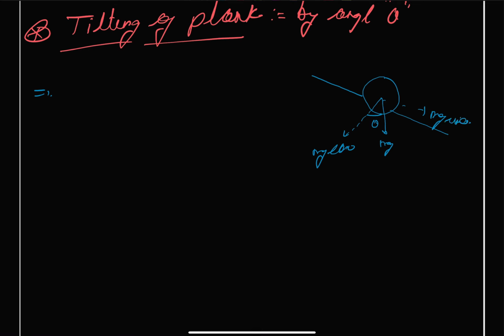But we have to remember the height of the center from the plank of this ball is going to remain the same, that is h. It is not going to change, okay, if it is not rotating or not shifting from the hole.